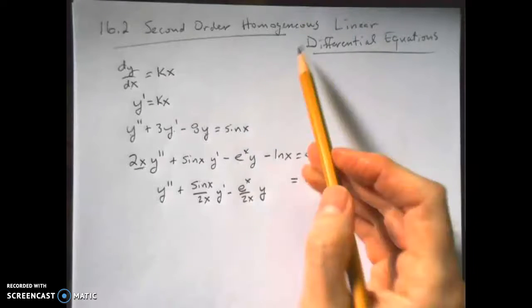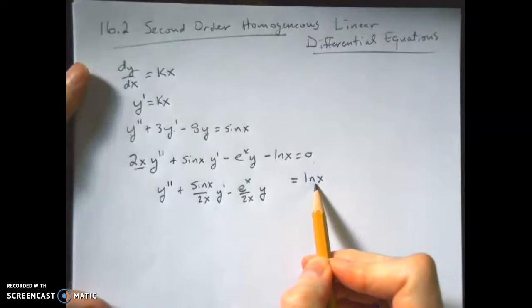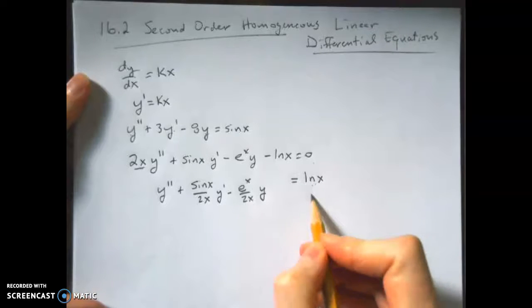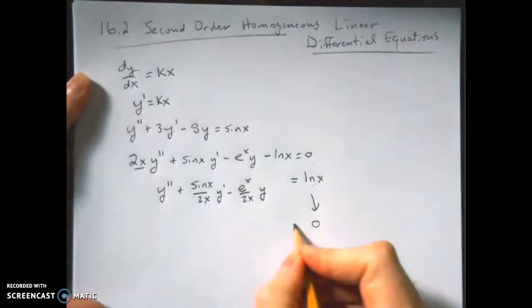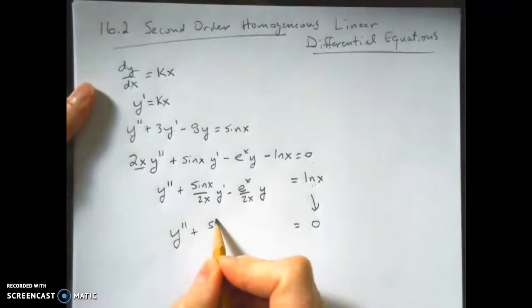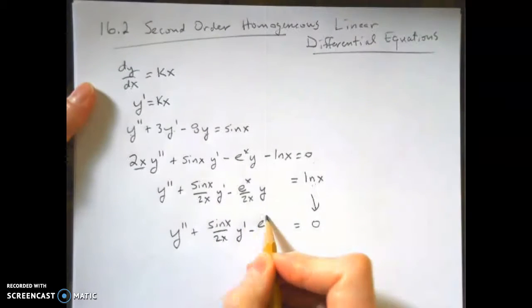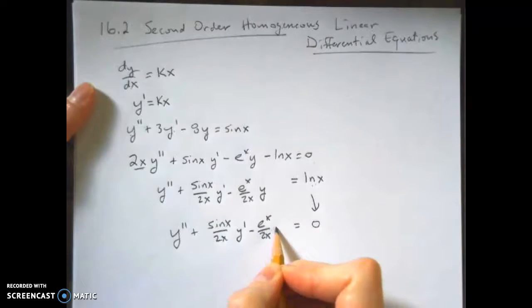Okay, now we have the word homogeneous. If this over here is a function, it's non-homogeneous. But if this over here is 0, that makes it homogeneous. So we have y double prime plus sine x over 2x y prime minus e to the x over 2x y.